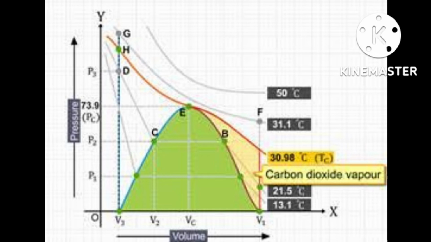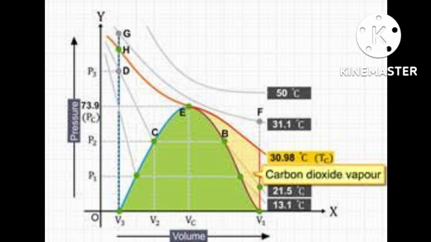One more thing before going ahead: one more time I want to tell you that the temperature 30.98 degrees centigrade is called the critical temperature. It is called Tc, capital T, small c. C means critical.